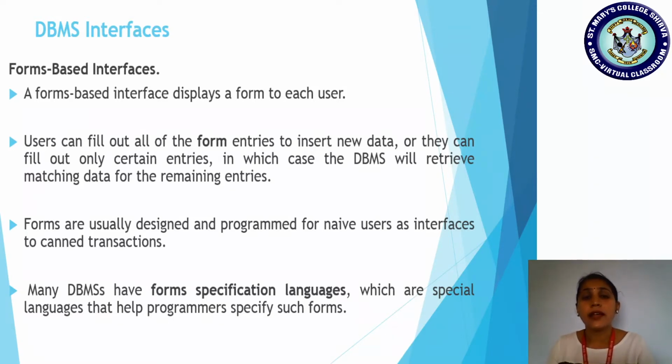Okay, pattern of forms. Forms are usually designed and programmed for naive users as interfaces to canned transactions. If you remember, like the ticket booking agents or the bank tellers, the bank people, for such types of naive users, which one will be used? These form-based interfaces are used.